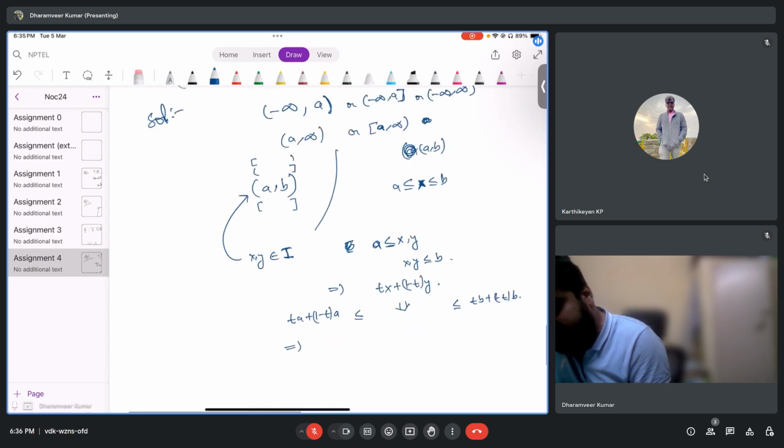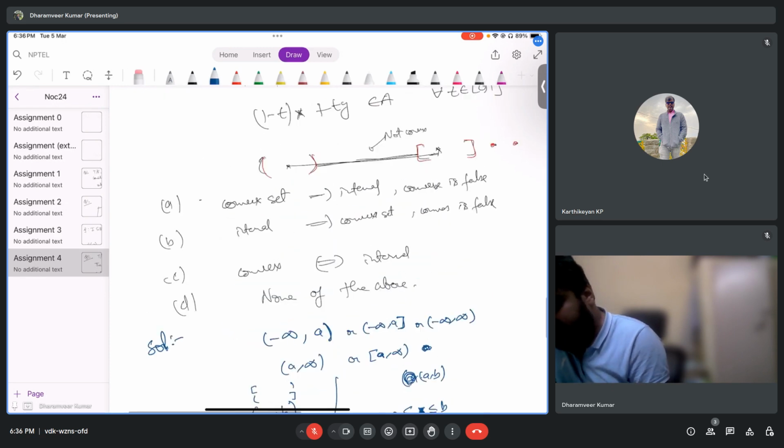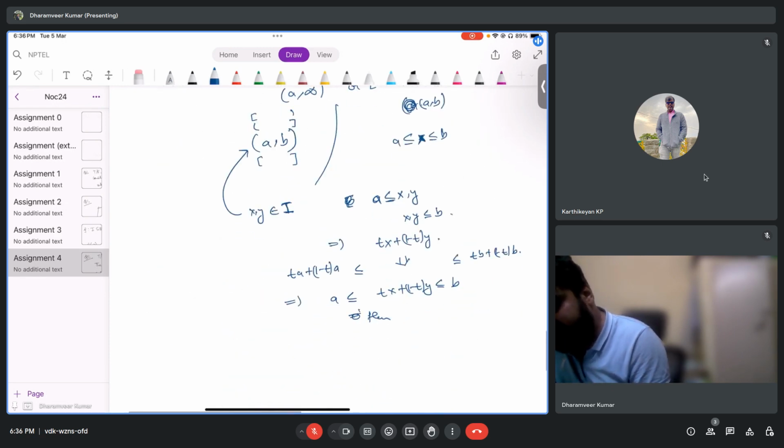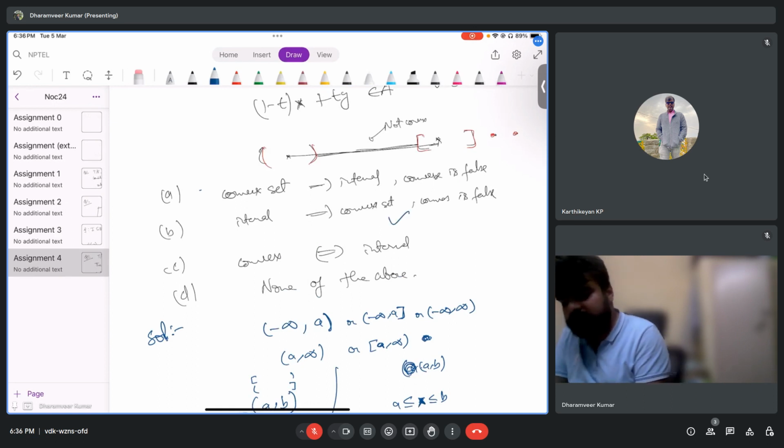That implies when you sum this up, tx plus (1 minus t)y is inside (a, b), and hence it's inside the interval. If this was a set, the interval was a set, then hence for all t in 0 to 1, tx plus (1 minus t)y is in I. So basically I is convex. So this is wrong, definitely.